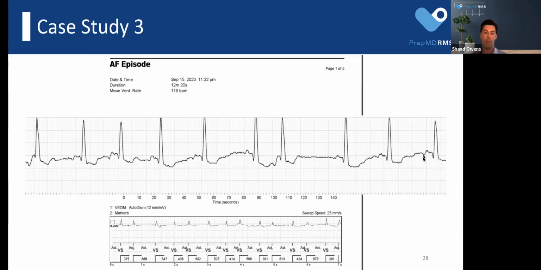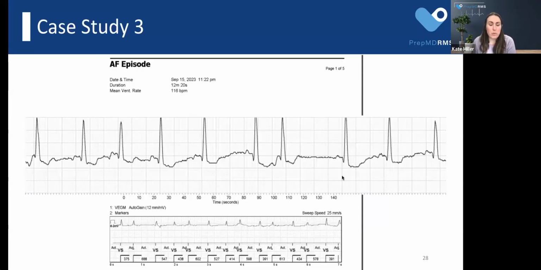And this patient was implanted for suspected AFib. So it's super important to have that gain tool, and then also to look for areas where that R to R has extended quite a bit. And you should be able to see what's going on within the strip.